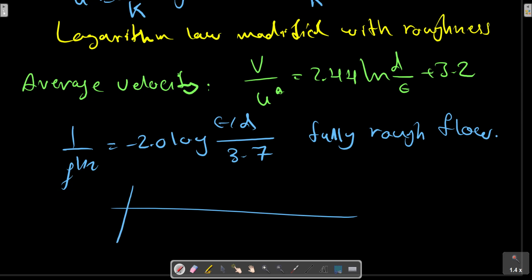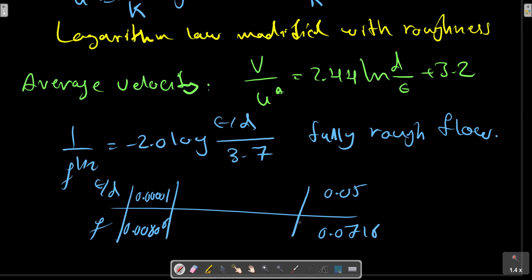For example, for values of epsilon over D, the specification of the wall, and friction factor we have, and then at the end the friction factor increases by 9 times as the roughness increases by a factor of 5,000.